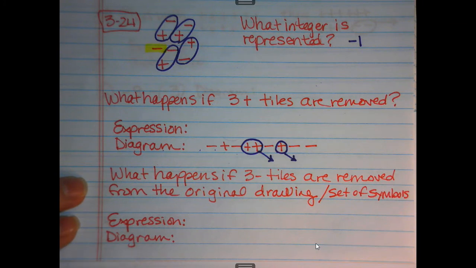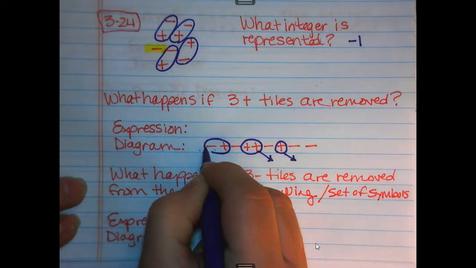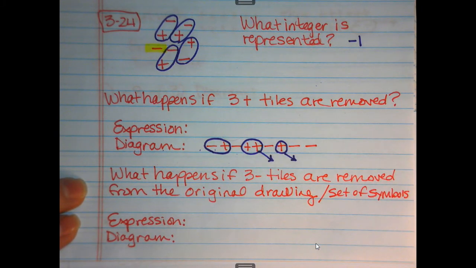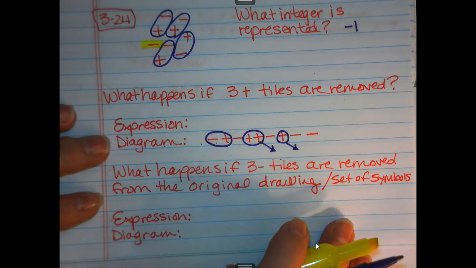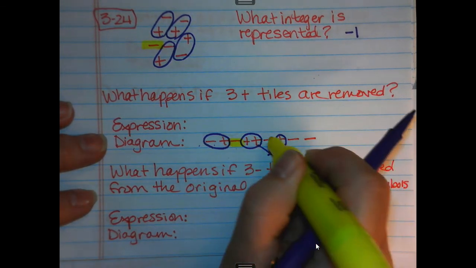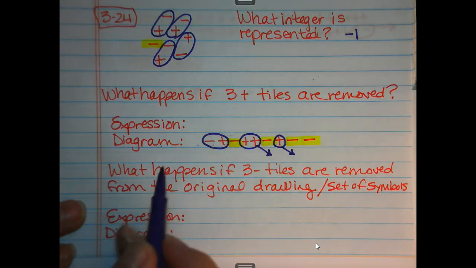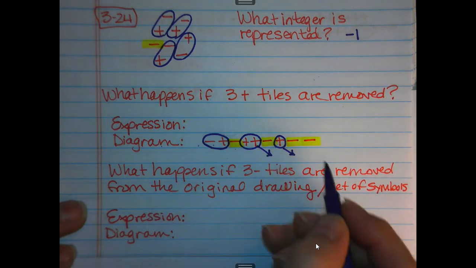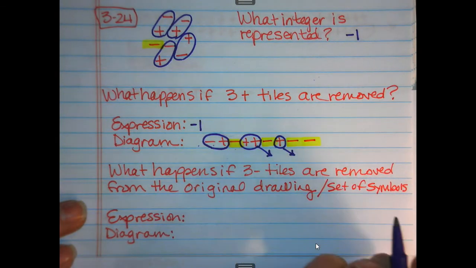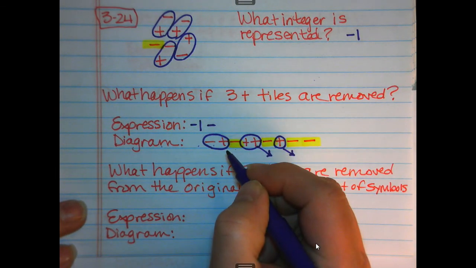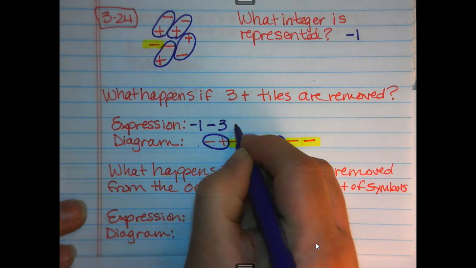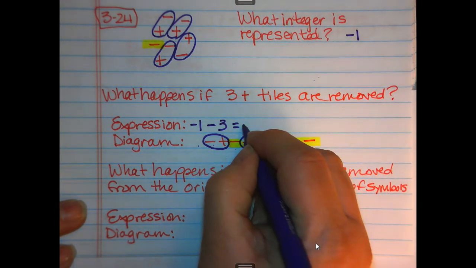When I take a look at what is left here, I notice that these 2 tiles are a positive and a negative. I can pair them up and they equal 0, which leaves me with 1, 2, 3, 4 negative. So my expression here would be, starting with my negative 1, I'm subtracting 3, and that equals negative 4.